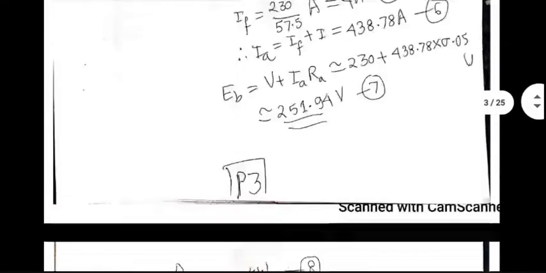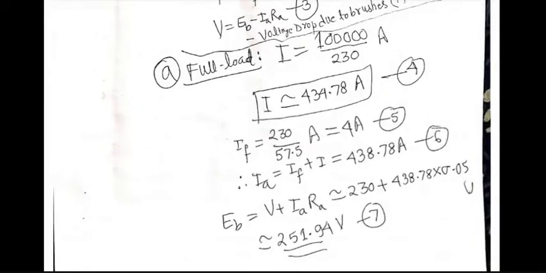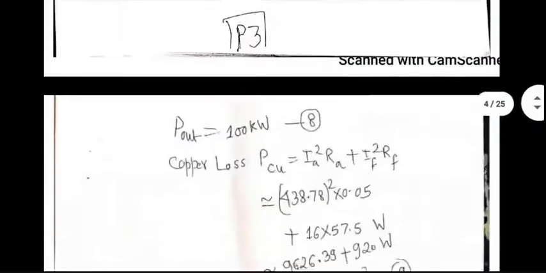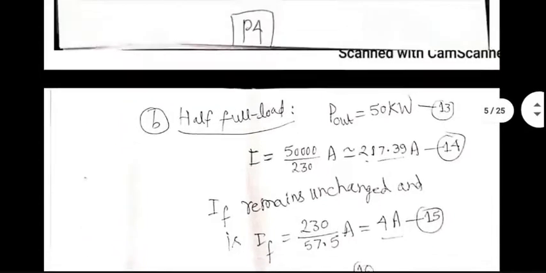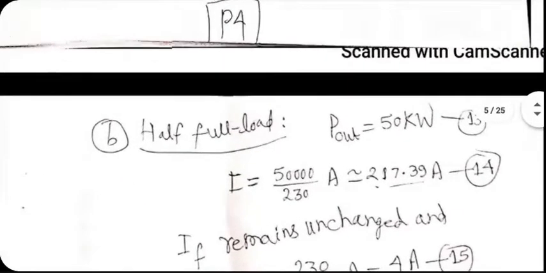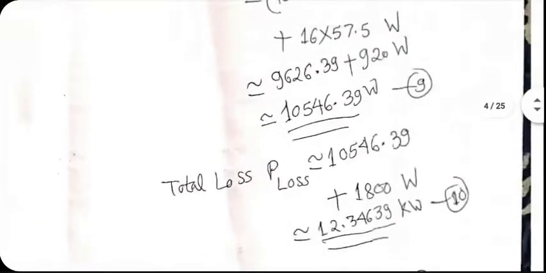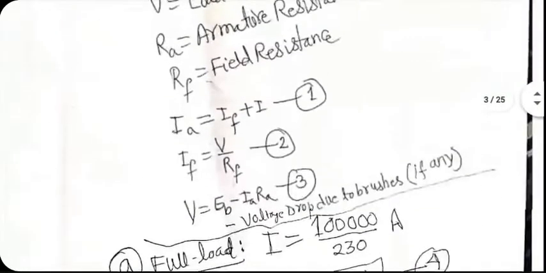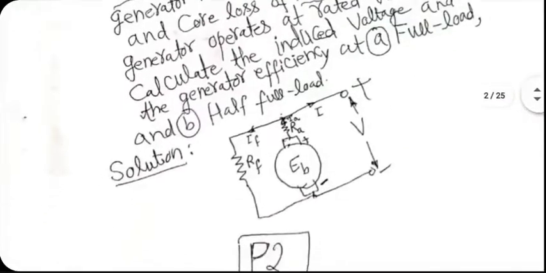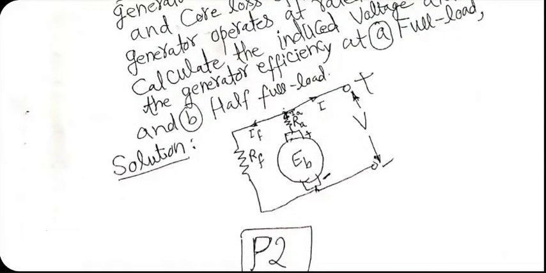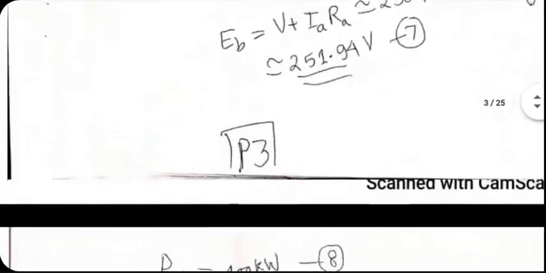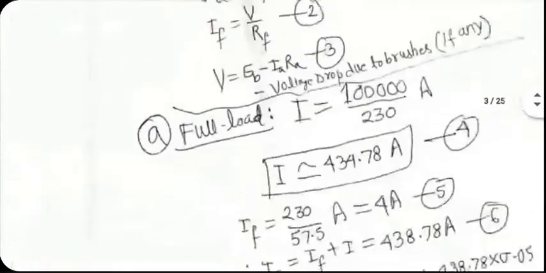The load current, I mean. 434.78 divided by 2, which is around 217.39 amperes. Field current will not change even at half load because field current is determined simply by V divided by RF, no matter what the load is. So field current will be again 4 amperes as it was in part A.